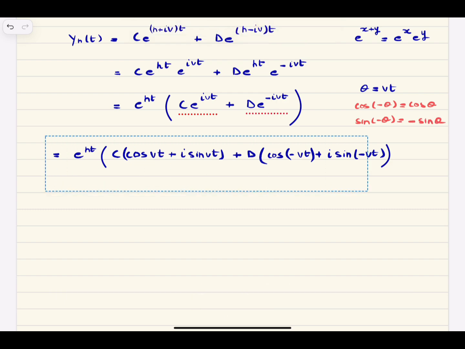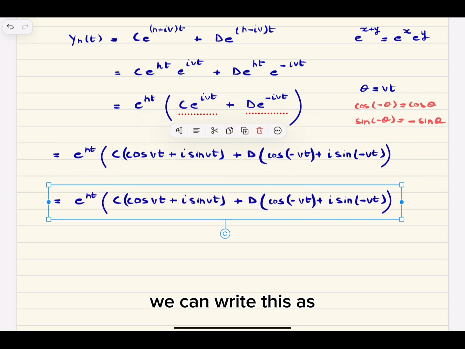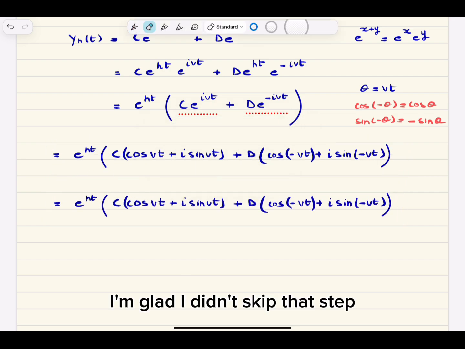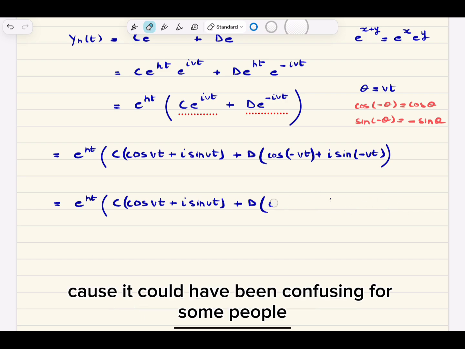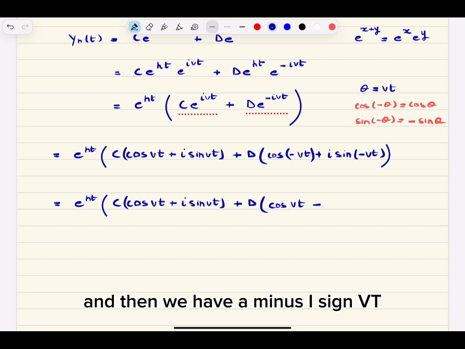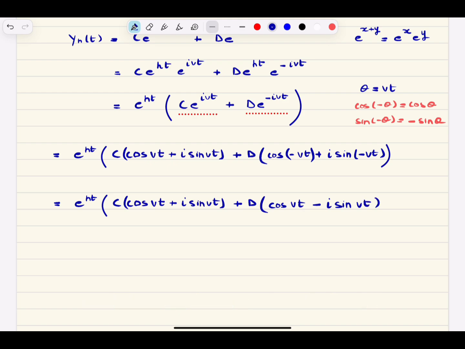Therefore, we can write this as, I'm glad I didn't skip that step because it could have been confusing for some people. So we have a cos vt and then we have a minus i sin vt.